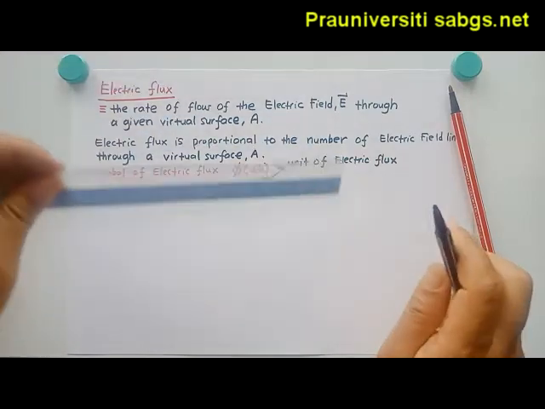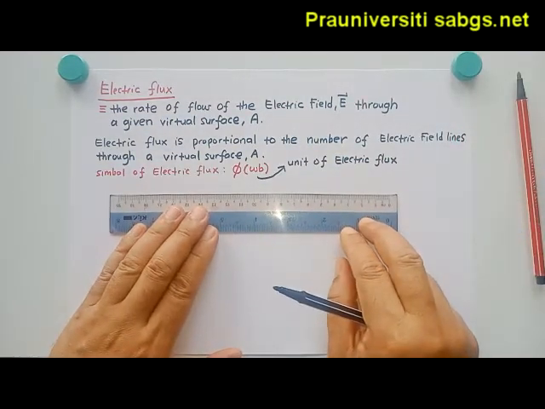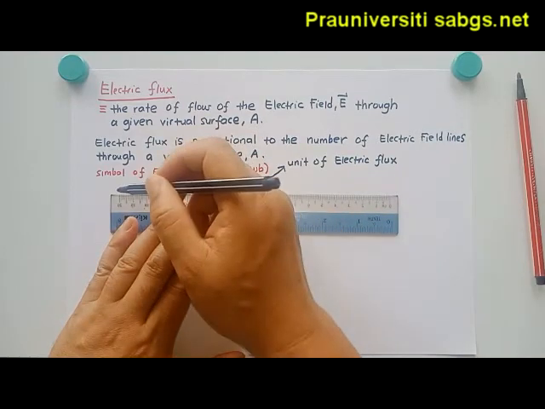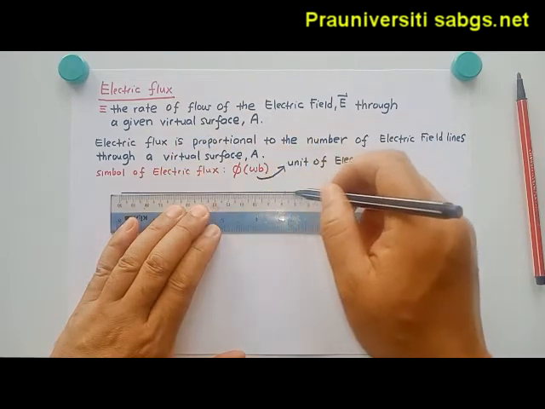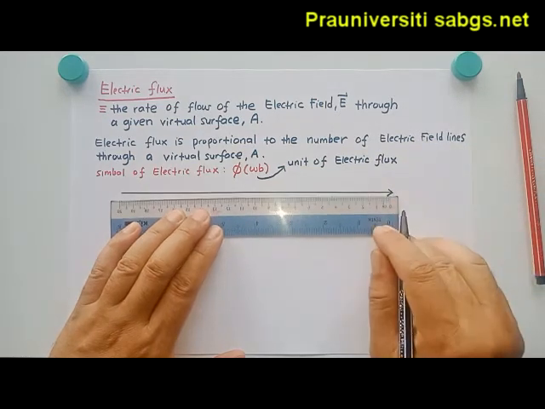So before that, I draw the lines of electric fields. Here, we start from here. This one is the line of electric field. Then I draw another lines.